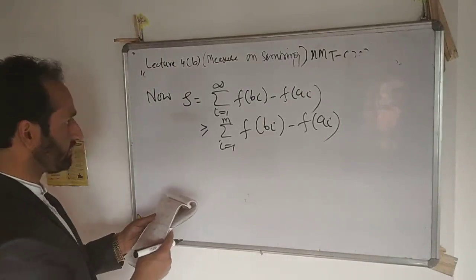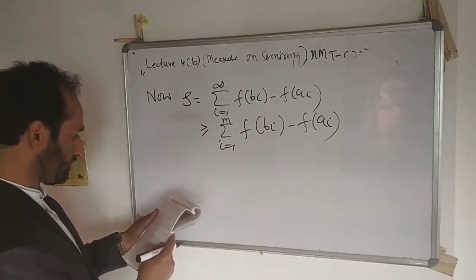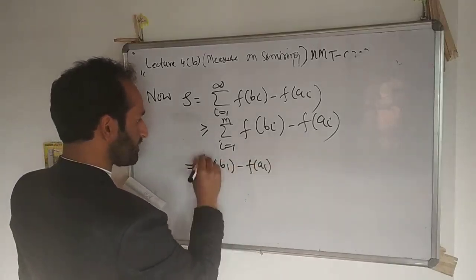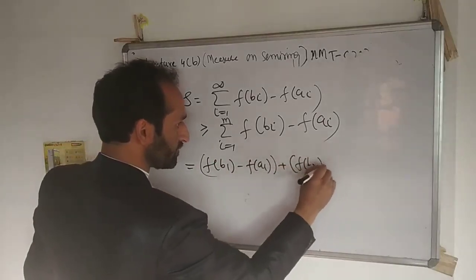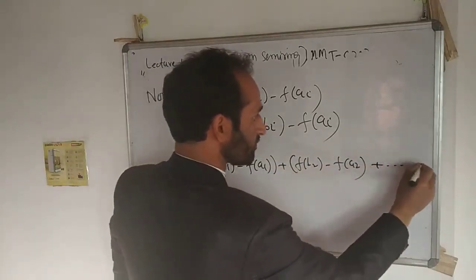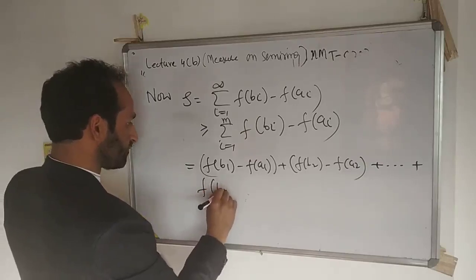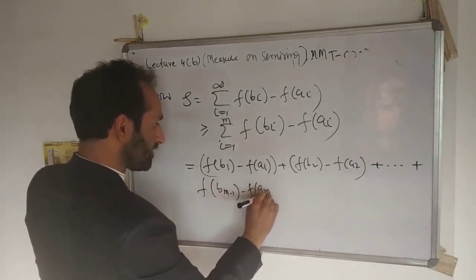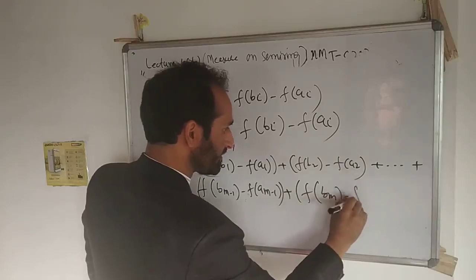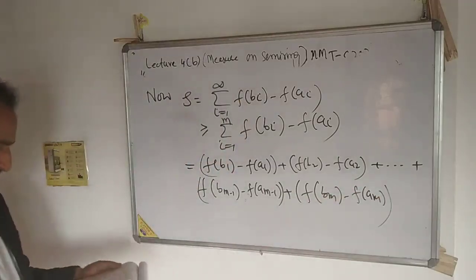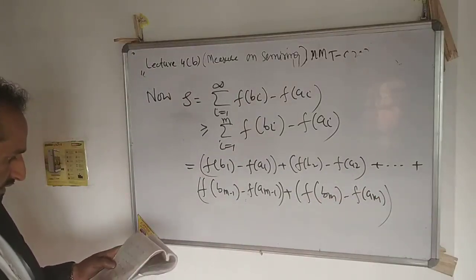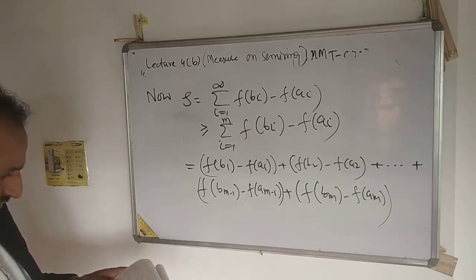And let's expand this sum. It's equal to f of b1 minus f of a1 plus f of b2 minus f of a2 plus, up to, f of b(m-1) minus f of a(m-1) plus f of bm minus f of am. So now we write it as f of bm at first.